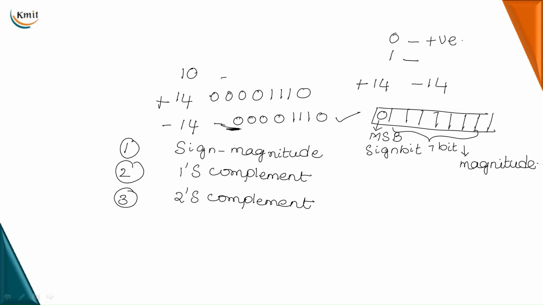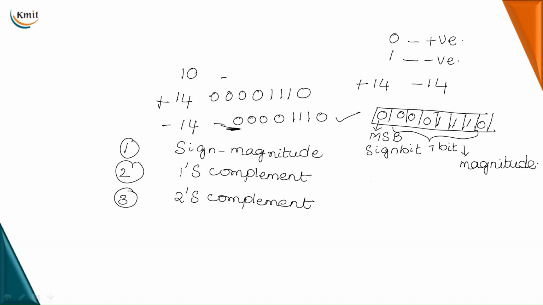If the sign bit is 1, it indicates a negative number. So if I want to represent the number plus 14, my sign bit will be 0, whereas my magnitude will be 0, 0, 0, 1, 1, 1, 0. So this is my binary equivalent of plus 14. This is how you represent a positive number in a sign magnitude form.